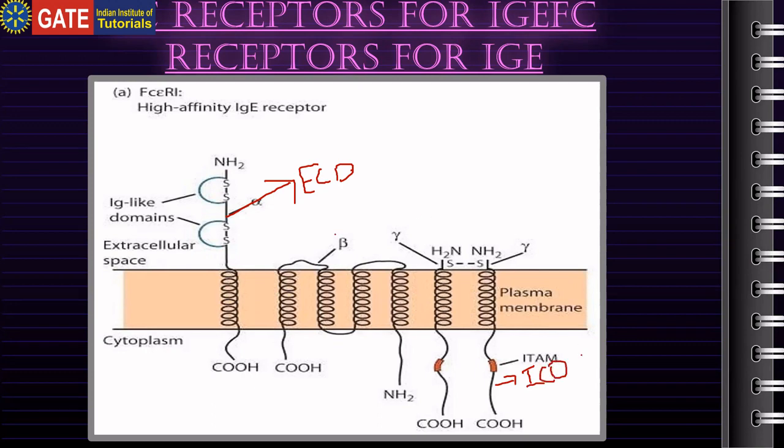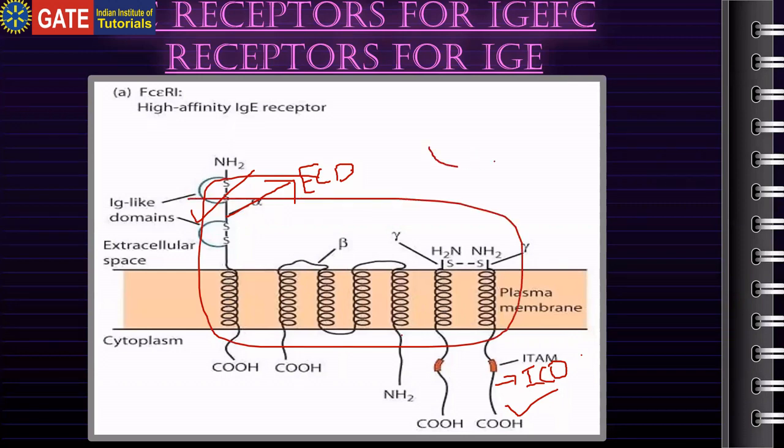But if you look at the beta, it does not have a greater extracellular domain, and at the same time it does not have a greater intracellular domain either. Just remember, only alpha has a very large extracellular domain, and gamma has the larger intracellular domain. Even though beta has an intracellular domain, it is not a larger one. So these three together form this particular Fc receptor.